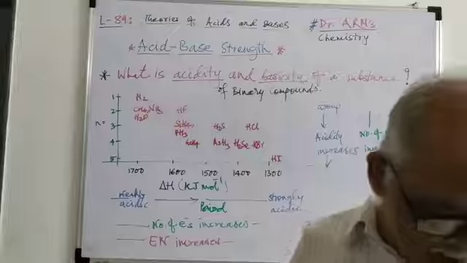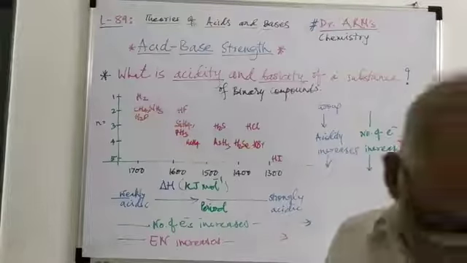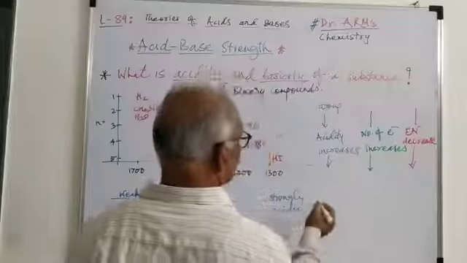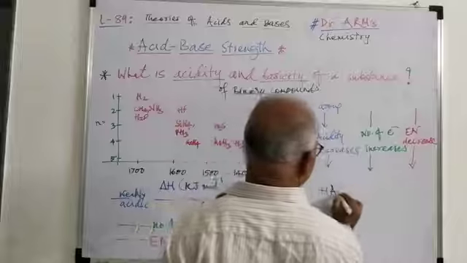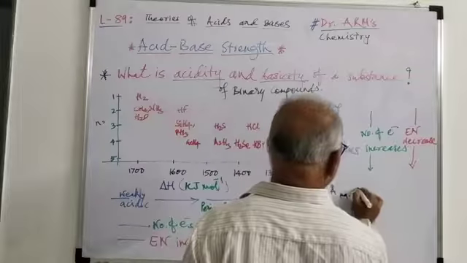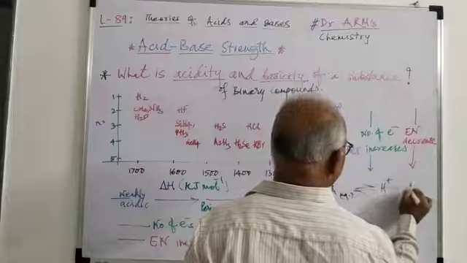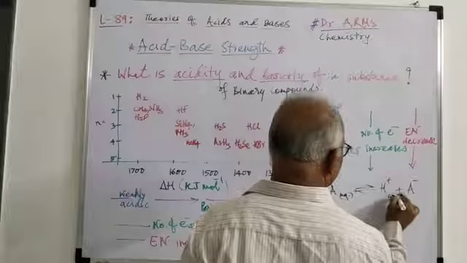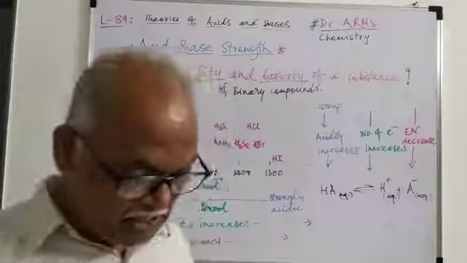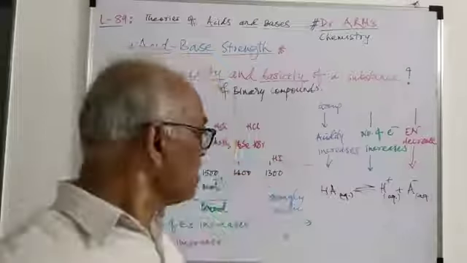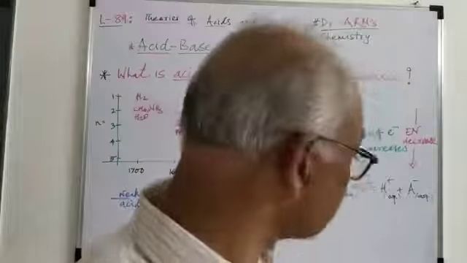So for this purpose we can generally show the reactions like this. HA aqueous is split into H plus and A minus, which are also aqueous. Or these can also be considered in the form of gases.